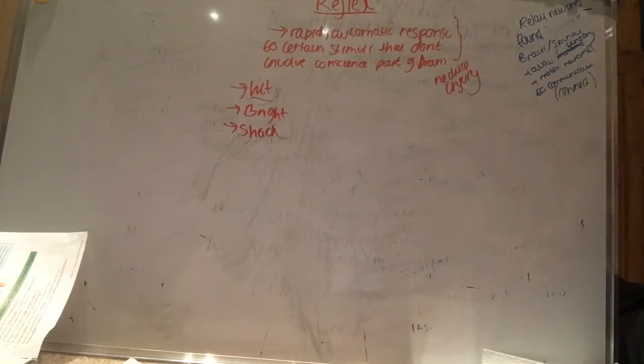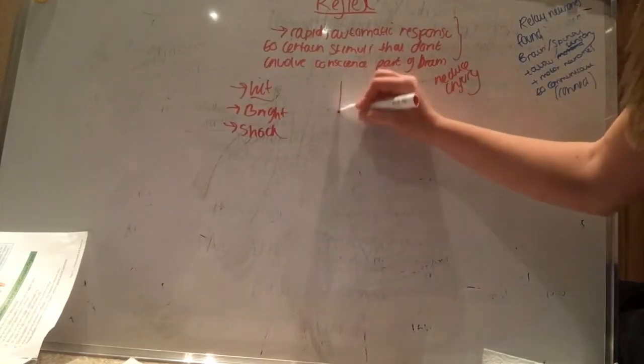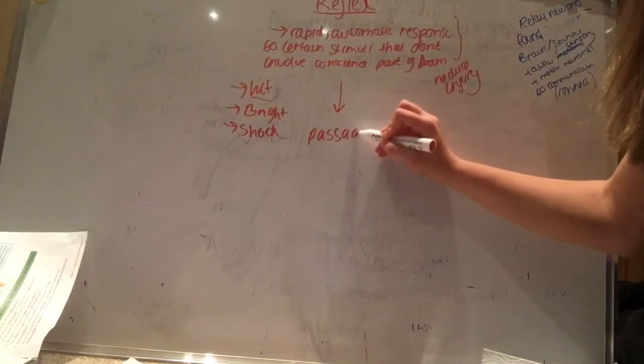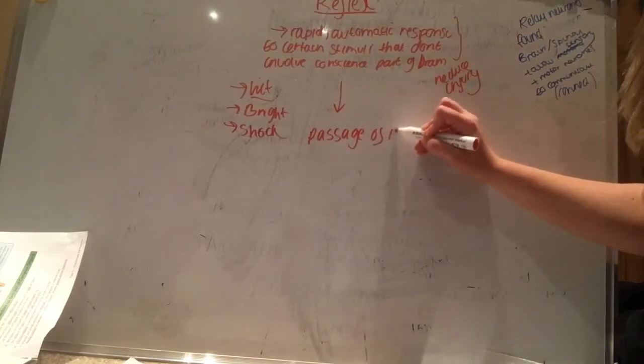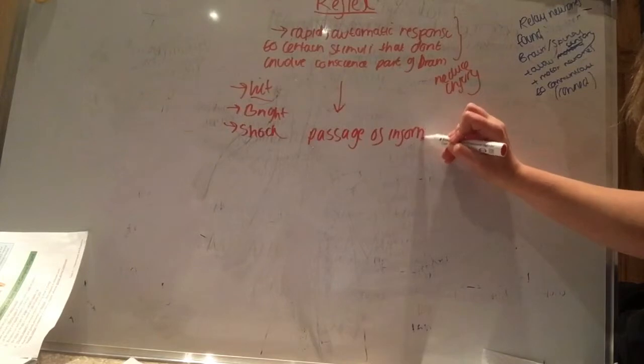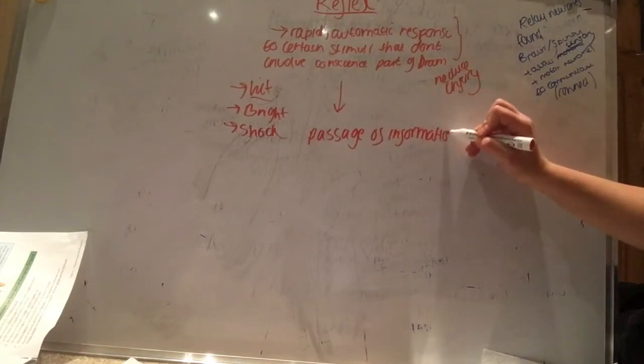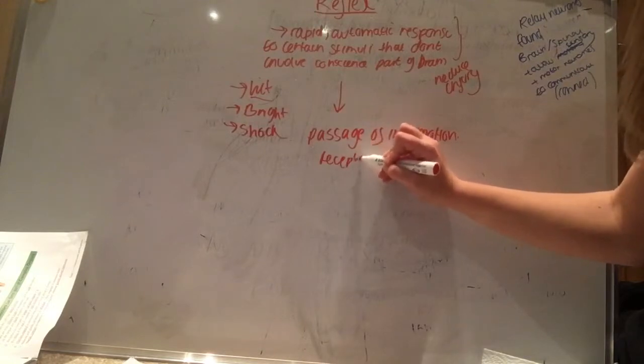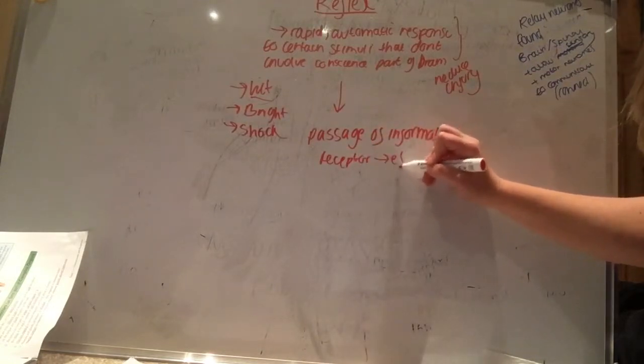So the passage of information in a reflex. Basically a reflex is passage of information. It goes from the receptor to the effector.